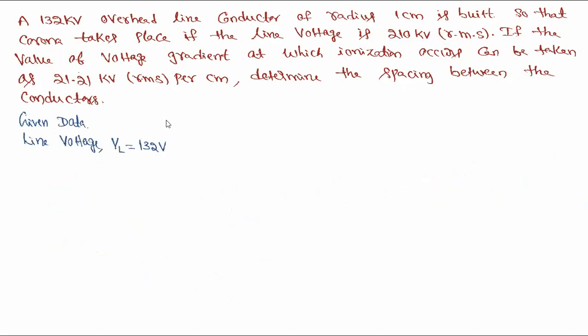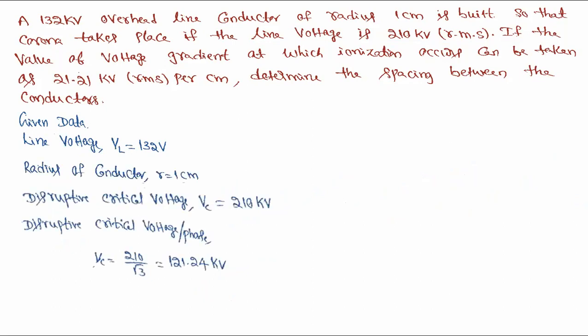Now in the problem, they are given 132 kV, that is the line voltage is 132 kV, the radius of the conductor is 1 centimeter, and the disruptive critical voltage Vc is 210 kV, that is RMS value.